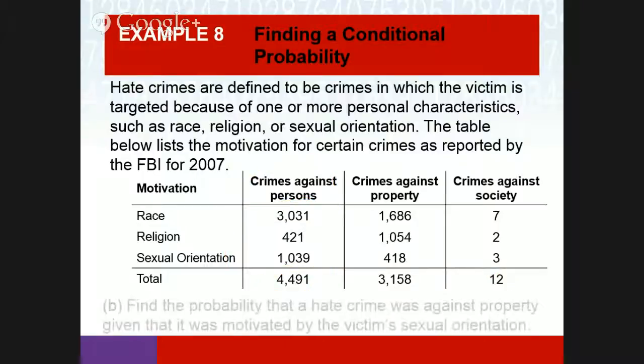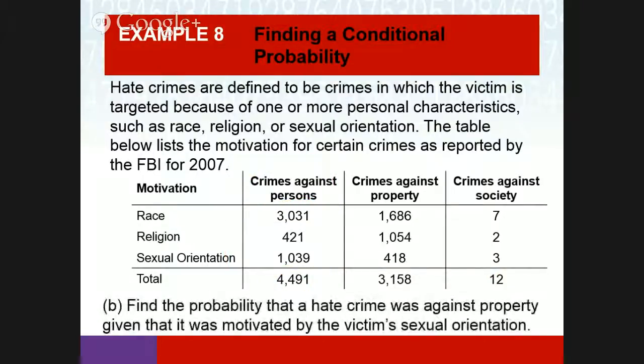So B, find the probability that a hate crime was against property given that it was motivated by the victim's sexual orientation. So we know the overlap of sexual orientation and property, that it was motivated by sexual orientation. So where's my total?